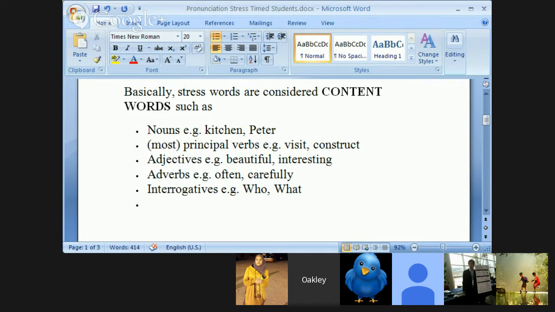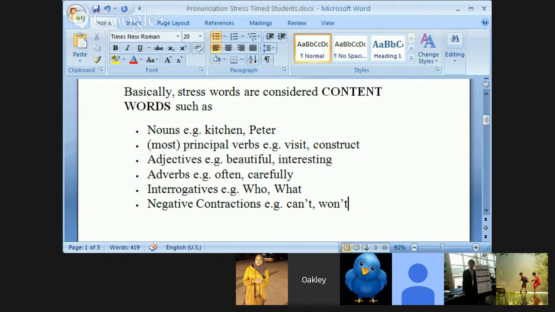Another type of word that is commonly stressed in sentences are negative contractions. What is an example of a negative contraction, Nader? I can't come. Yep, very good. Can't, won't.